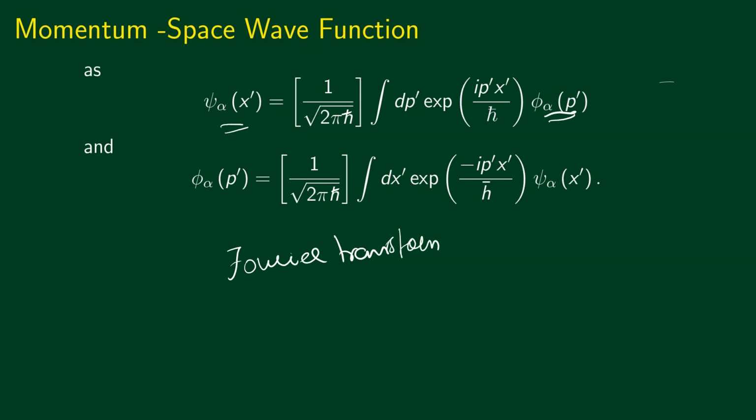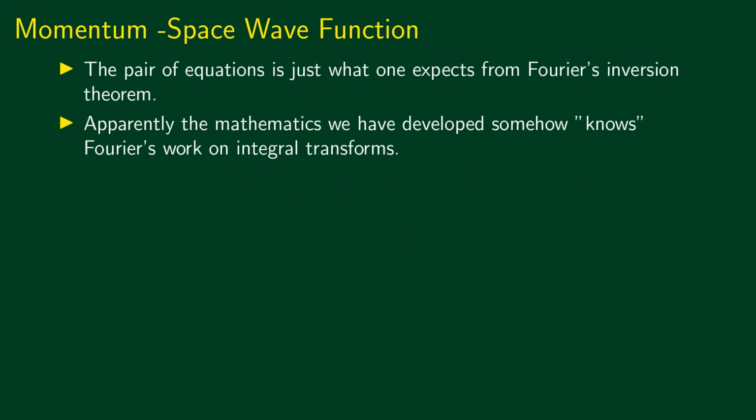It seems that the mathematics we have developed somehow knows Fourier's work on integral transforms. We got the Fourier transform from our mathematical formalism; we haven't postulated it or anything.